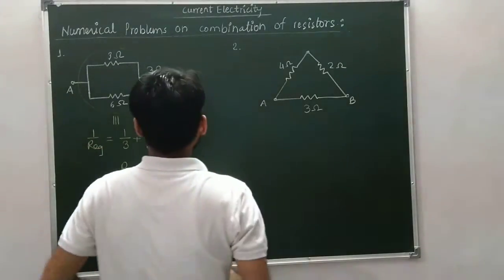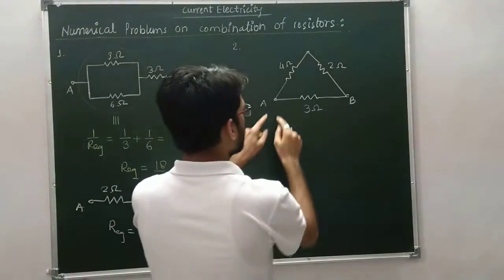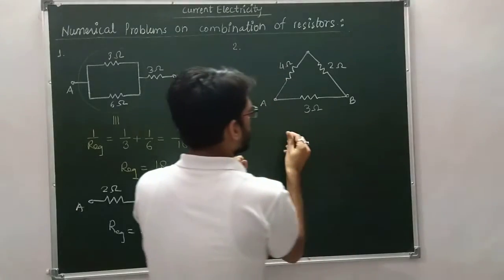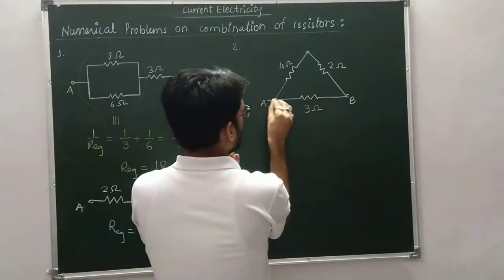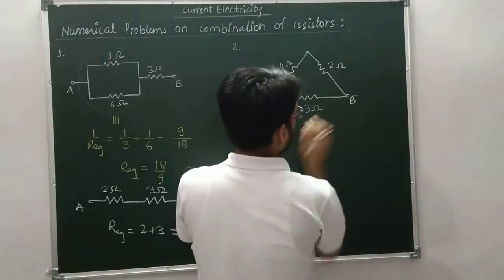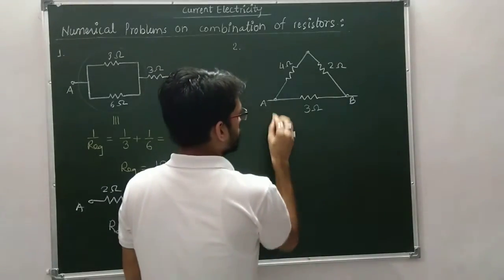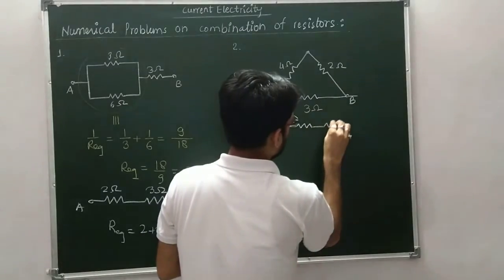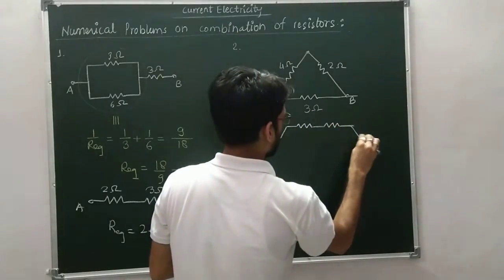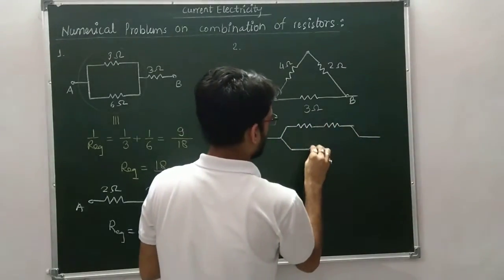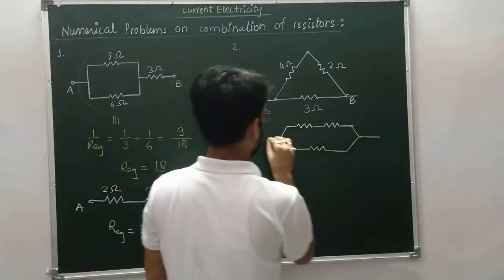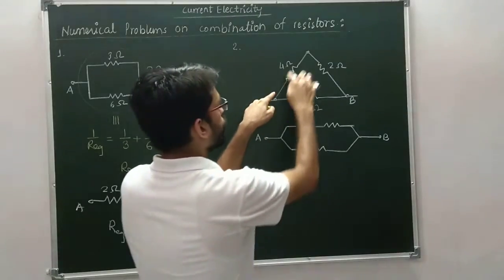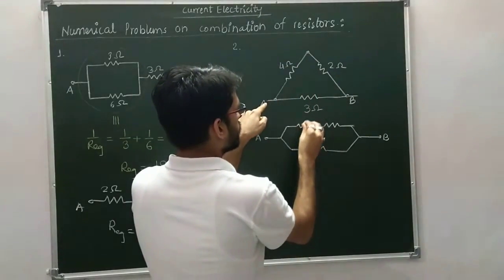Now across AB, I am going to simplify the diagram by producing a wire from A and B. So this is like so. This is terminal A, this is terminal B. 4 and 2 are connected in series.